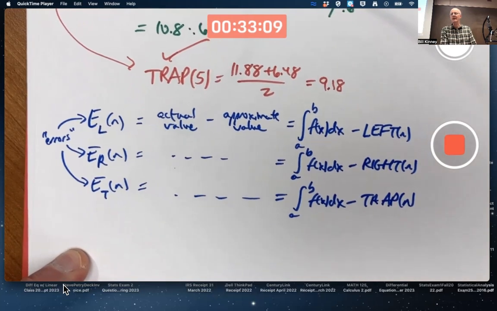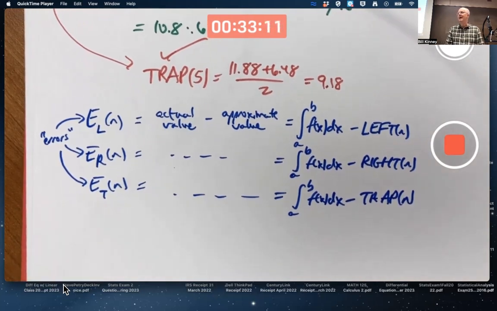But realize when you're trying to approximate the integrals, you're not going to know what the integrals are. You're not going to know what the exact value is, except in simple circumstances. So while these formulas are true, you have to approximate not only the integral, but you also have to approximate the errors.